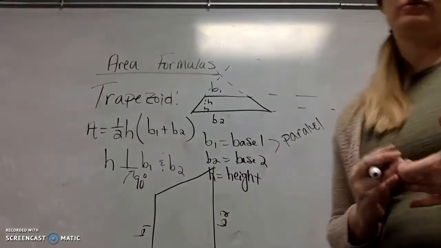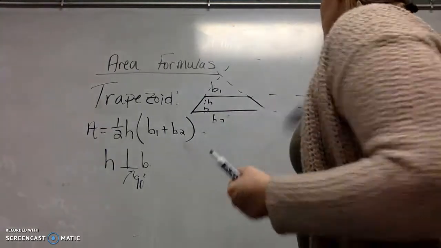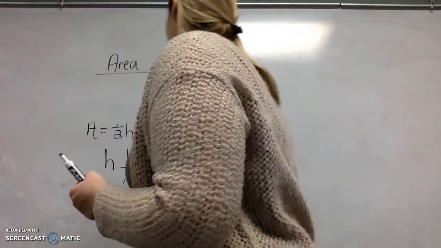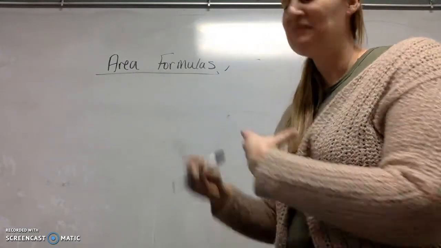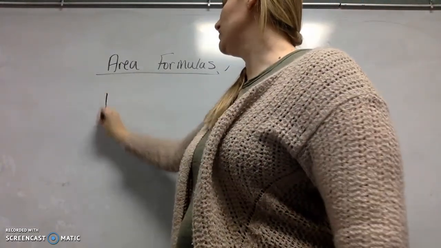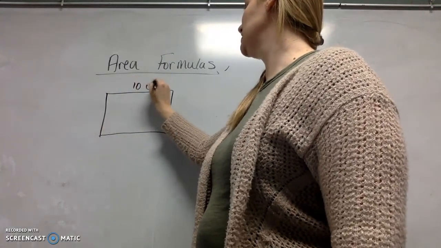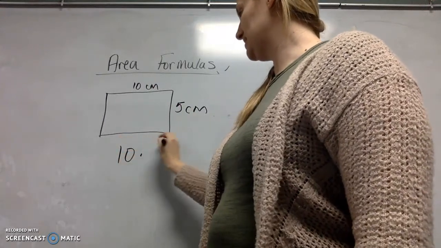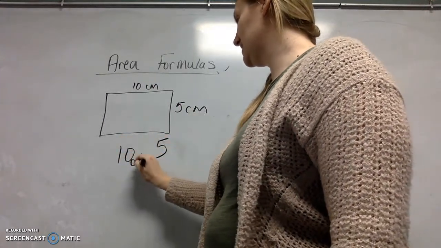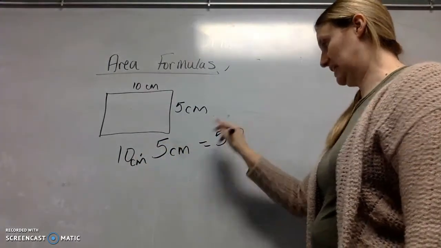Now, the last thing we have to talk about with area is how to label area. So if I have a rectangle, and this is 10 centimeters and this is 5 centimeters, length times width tells me to take 10 centimeters times 5 centimeters. 10 times 5 is 50.